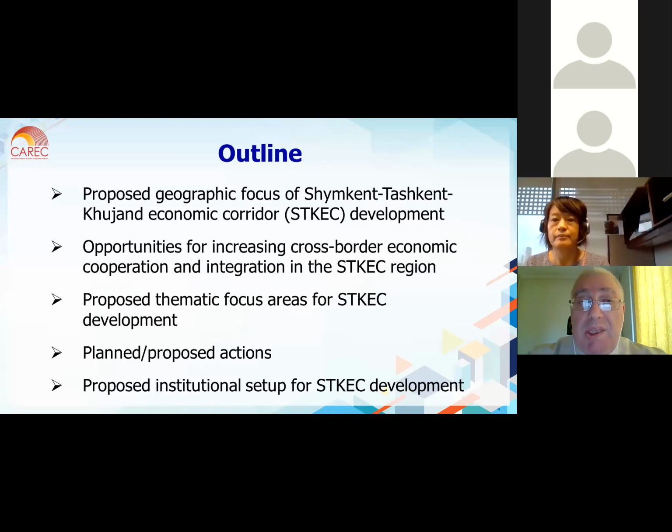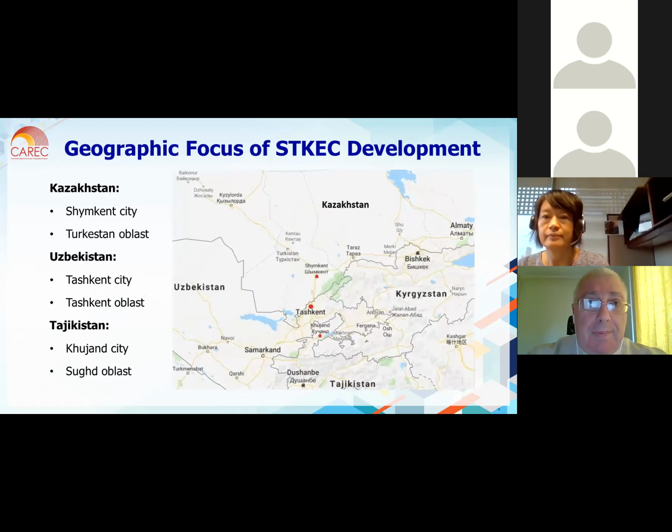And then we will also discuss the planned or proposed actions for the implementation of this roadmap. And we are also proposing an institutional setup for the development of the economic corridor, and the majority of the discussion will be focused on session 3. Next slide, please.